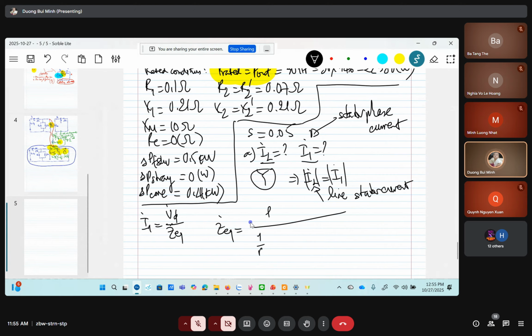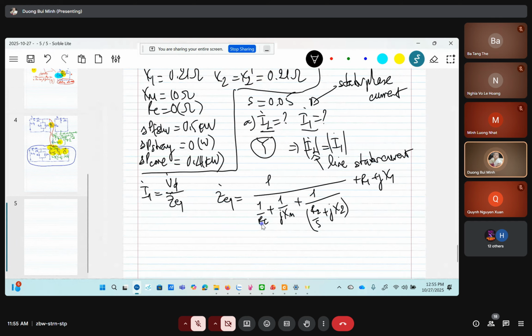Z_EQ is 1 over (1 over R_C plus 1 over jX_M plus 1 over (R2/S plus jX2)), then plus R1 plus jX1.